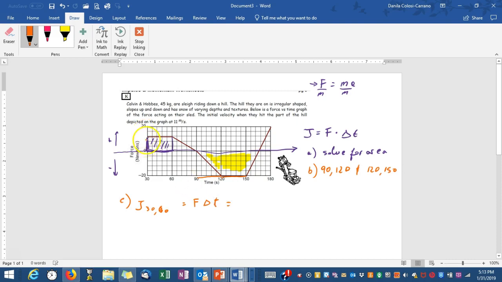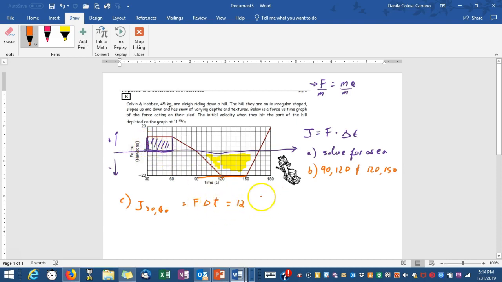Now, what is the value of force here? If you check, you have 5 little squares for a max value of 20. So to go from 0 to 20, they are using 5 squares. How much is every one of those squares? It has to be 4 newtons, because 4 times 5 is 20. So if every one of those is 4 newtons, 3 of those are 12 newtons.